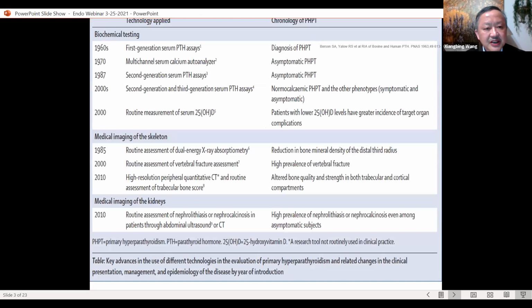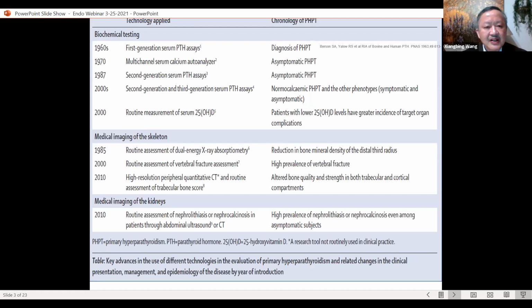Let me also introduce the development of this disease. In the 60s, Berson and Yalow at Mount Sinai in New York City developed radioisotope assays for the PTH.